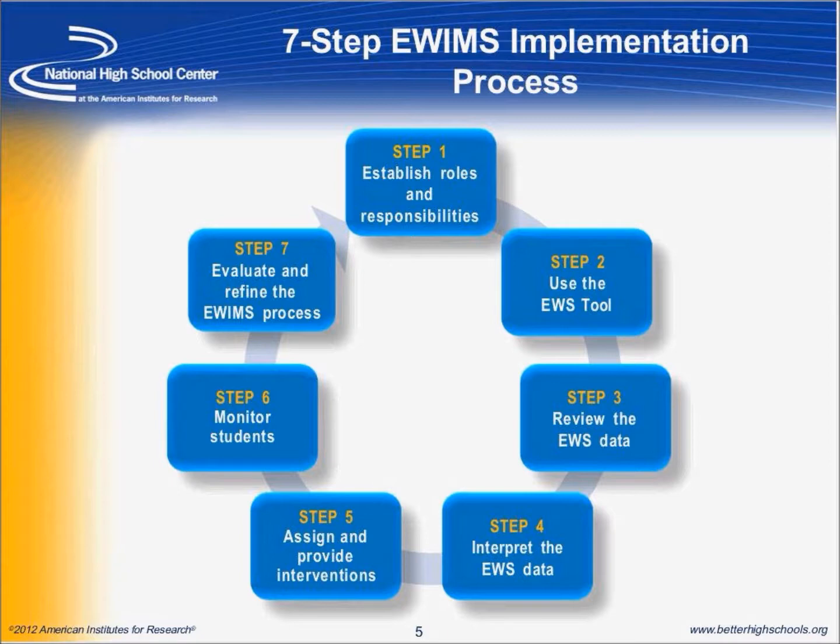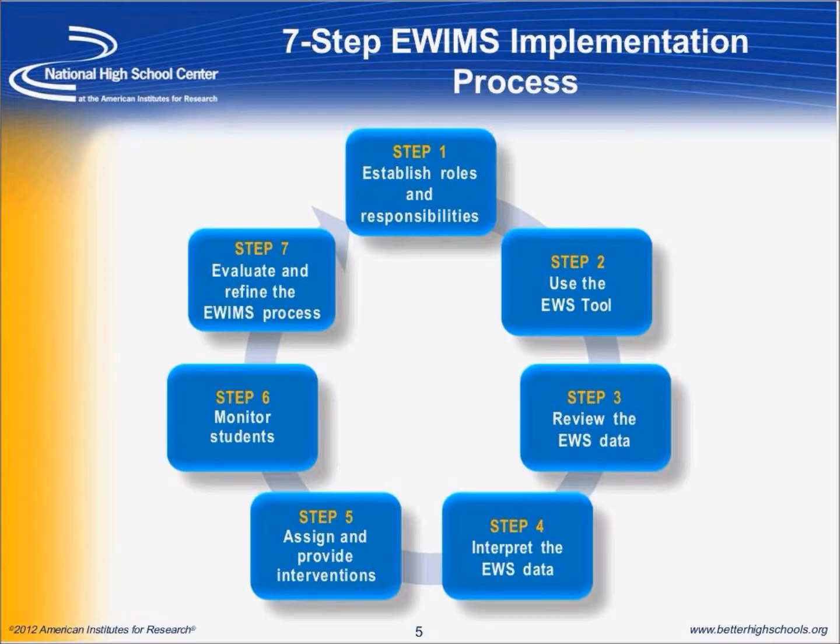So the National High School Center team developed an implementation guide to serve as a companion to the National High School Center early warning system tools, but that can also be used with any other state, district, and school level tools. The development of the EWIMS implementation process evolved over time and combines research as well as experience from working with states, districts, and schools piloting this implementation process.